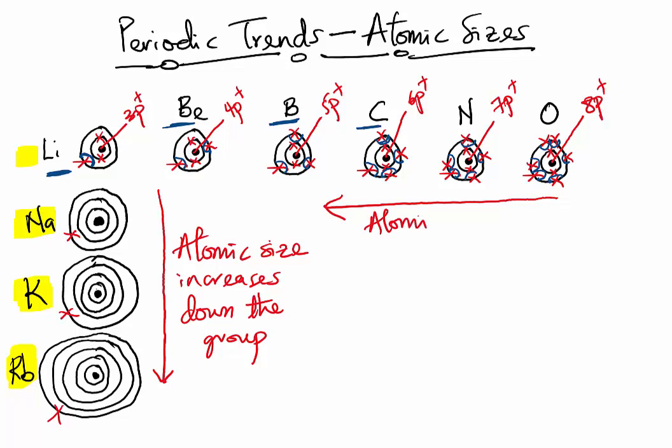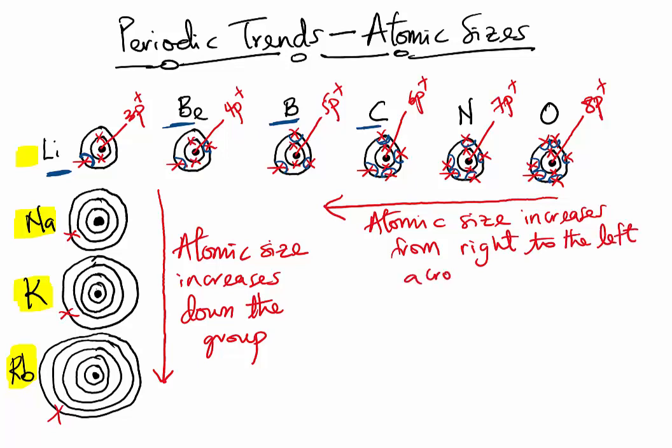Atomic size increases from right to the left across the period.